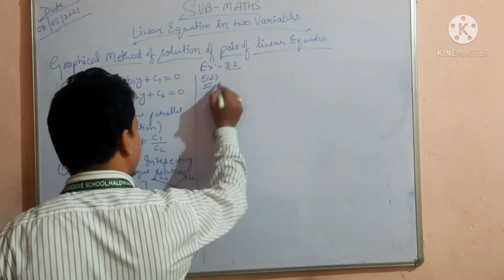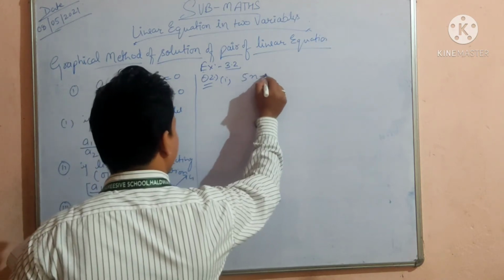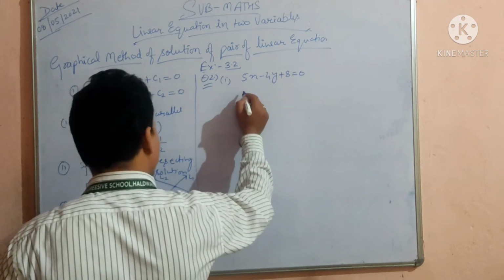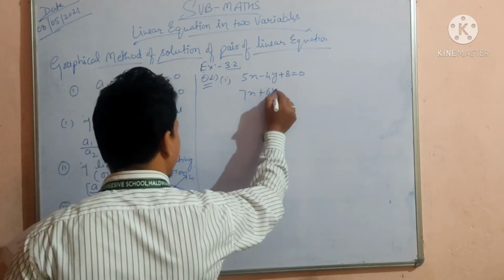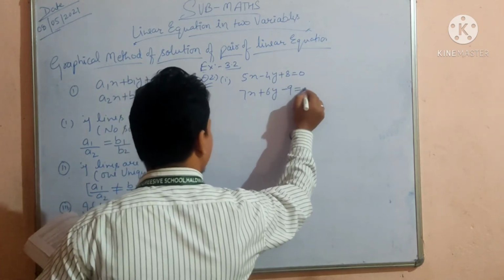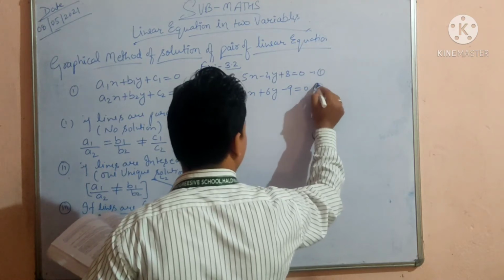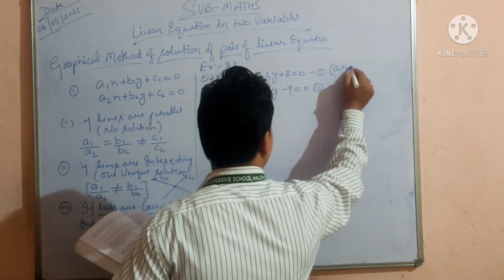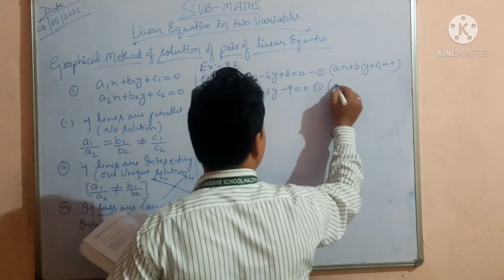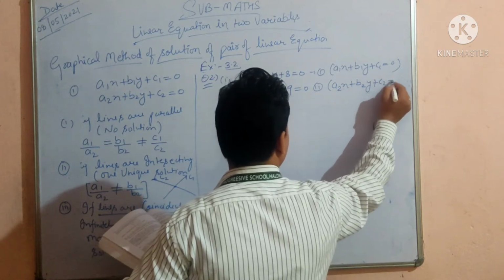The very first part is given as 5x minus 4y plus 8 equal to 0, and the second one is 7x plus 6y minus 9 is equal to 0. Let it be the first one, let it be the second one. तो first को compare करेंगे a1x plus b1y plus c1 is equal to 0 से, और second को compare करेंगे a2x plus b2y plus c2 is equal to 0 से.